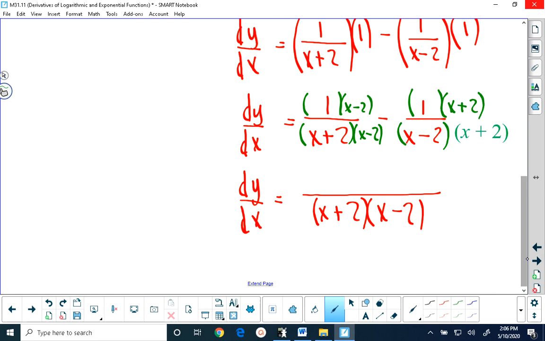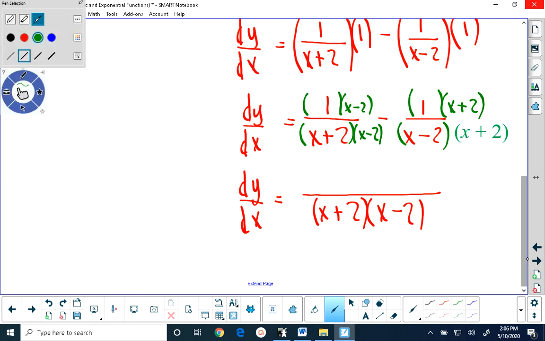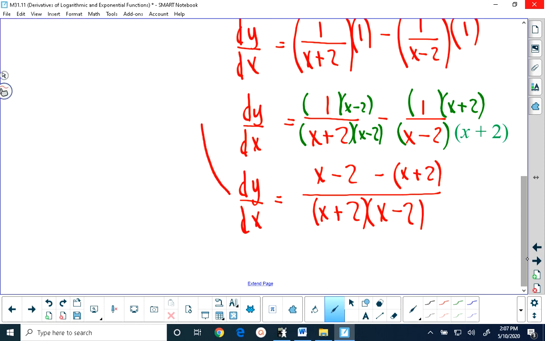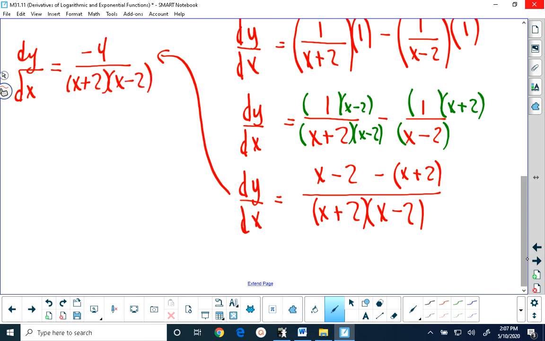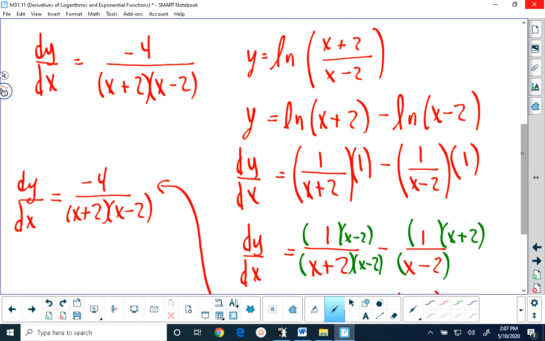So what I would get on the top would be (x - 2) times 1, which is x - 2, minus 1 times (x + 2), which is minus x - 2. Well, this is going to give you, for dy/dx, negative 4 over (x + 2)(x - 2). And that's what we got when we did it the other way.